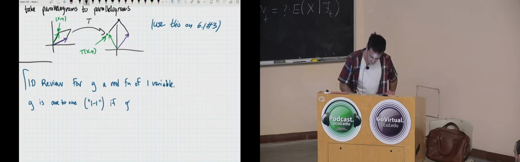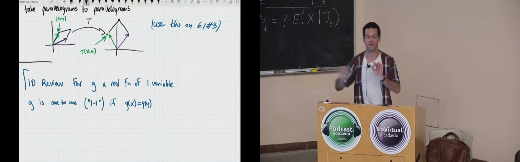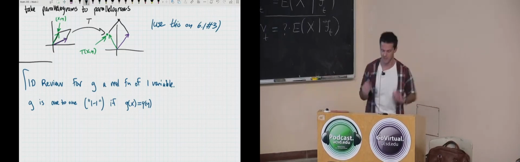It means if g of x equals g of y, then x must be the same as y. It can't be taking two different points to the same value.